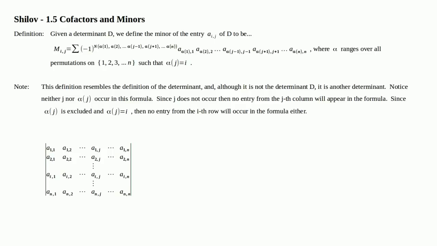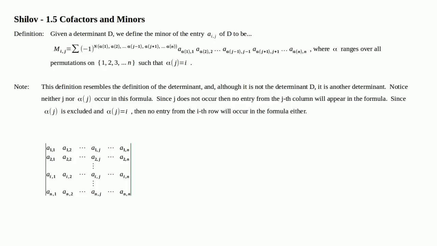So note, this definition resembles the definition of the determinant, and although it is not the determinant D, it is another determinant. Notice that neither j nor alpha of j occur in this formula. You should look for it, see that it's not there. In fact, what we have done is we've removed it. Since j does not occur, then no entry from the jth column will appear in the formula.